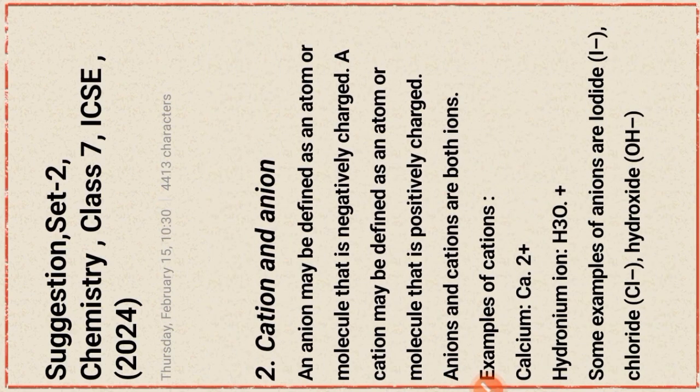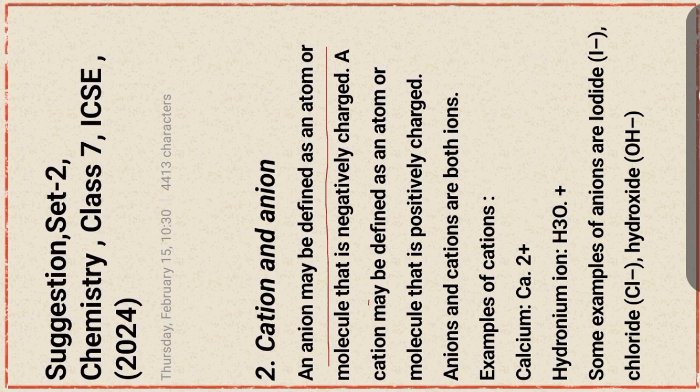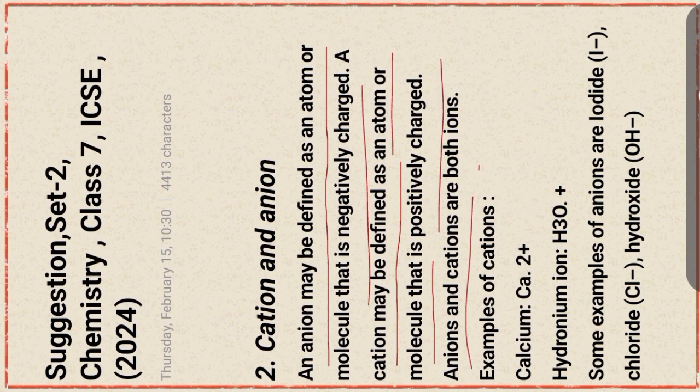Next, differentiate cation and anion. An anion may be defined as an atom or molecule that is negatively charged. A cation may be defined as an atom or molecule that is positively charged. Anions and cations are both ions.